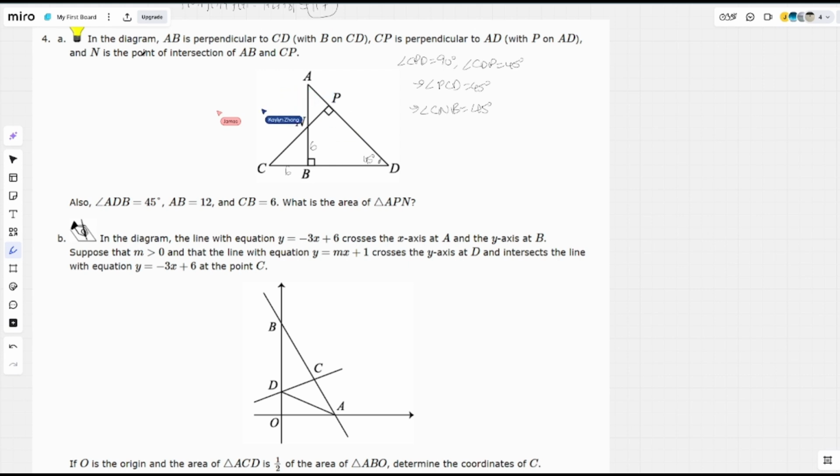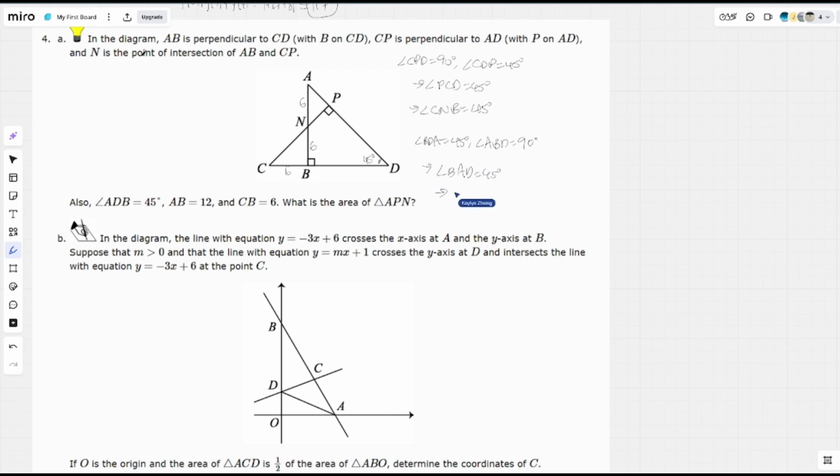And then AB is equal to 12 and NB is equal to 6. So that means that AN is also equal to 6, which is 12 minus 6. And then because you know that angle BDA is 45 degrees and angle ABD is 90 degrees, then you know that angle BAD is 45 degrees.